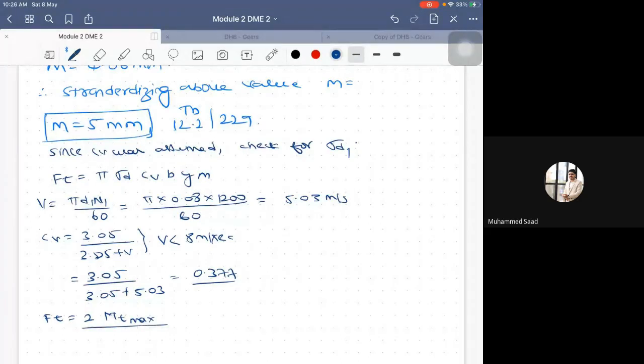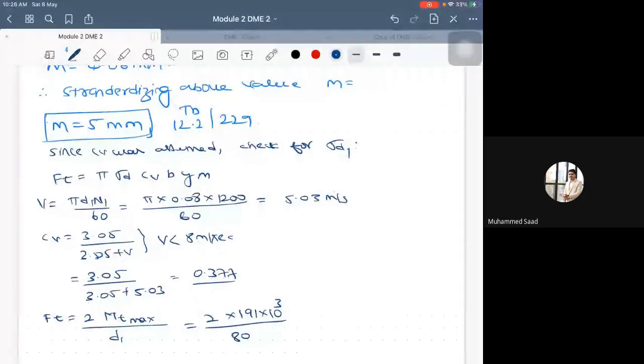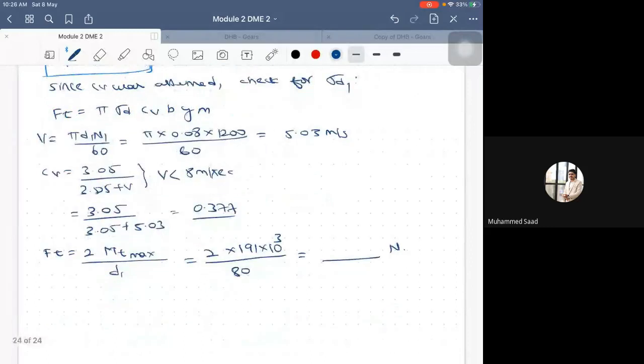So take that into consideration: 2 into 191. This is an upgraded value for 20%, so directly taking that. Now what is the value in Newtons? 4775.